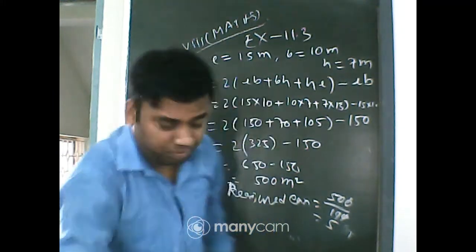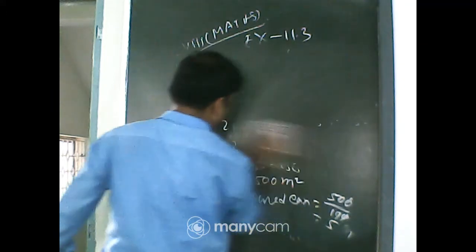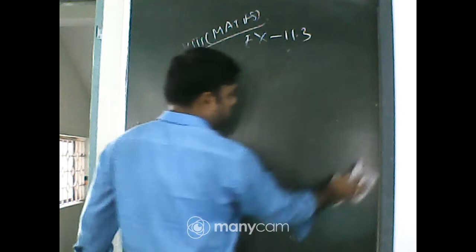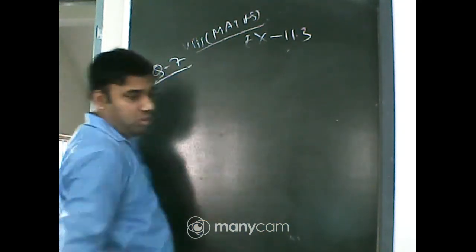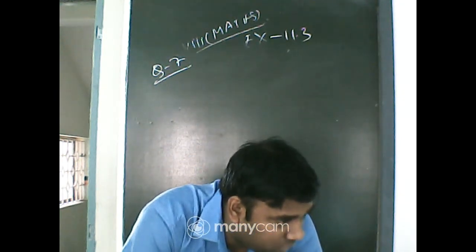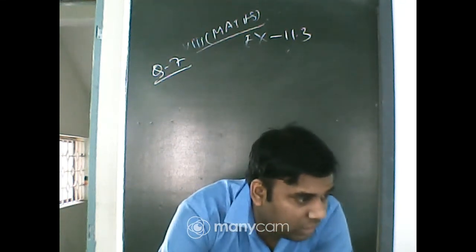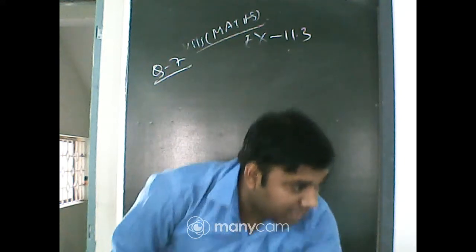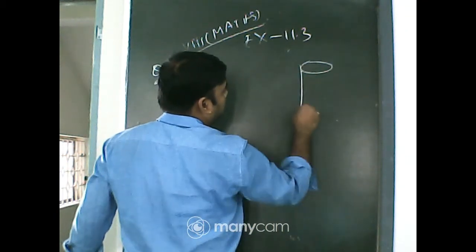Question number 7. A closed cylindrical tank of radius 7 meter and height 3 meter is made from a sheet of metal. How many sheets of metal are required? It's a very easy sum, students. So it's a closed cylindrical tank. Cylindrical tank means just this type.